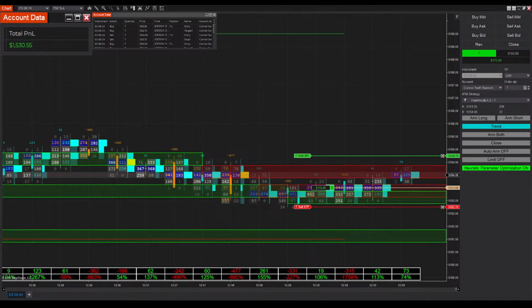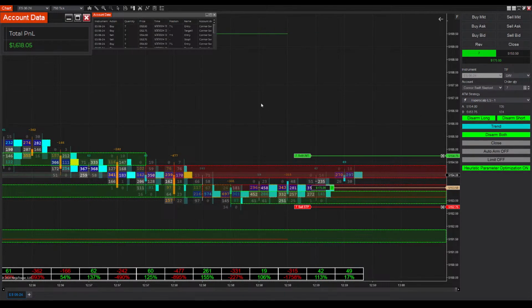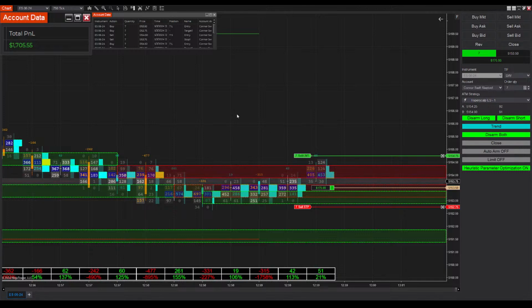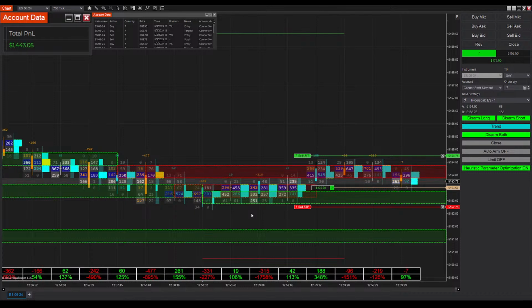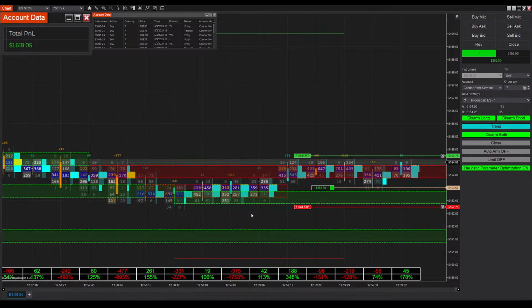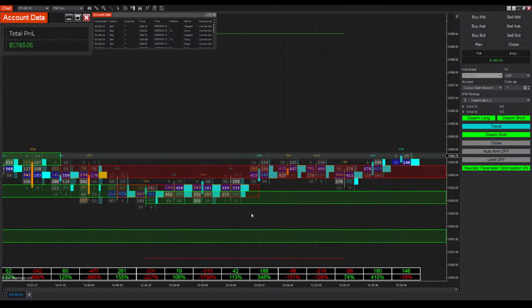Got filled here into a long trade. We got the last few trades of the day going on. Hopefully we can edge this one out and win it. There we go. Okay, so now we're up to 1,865.